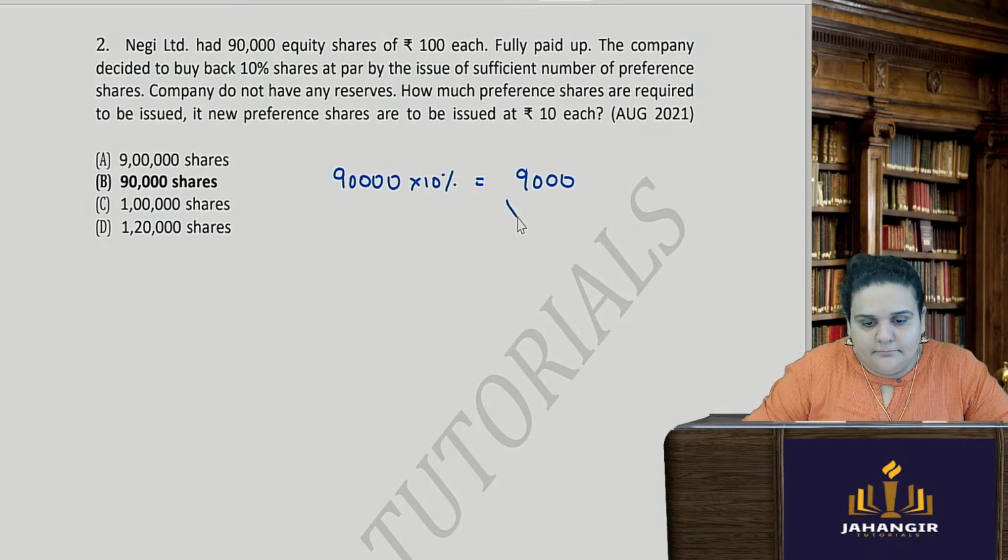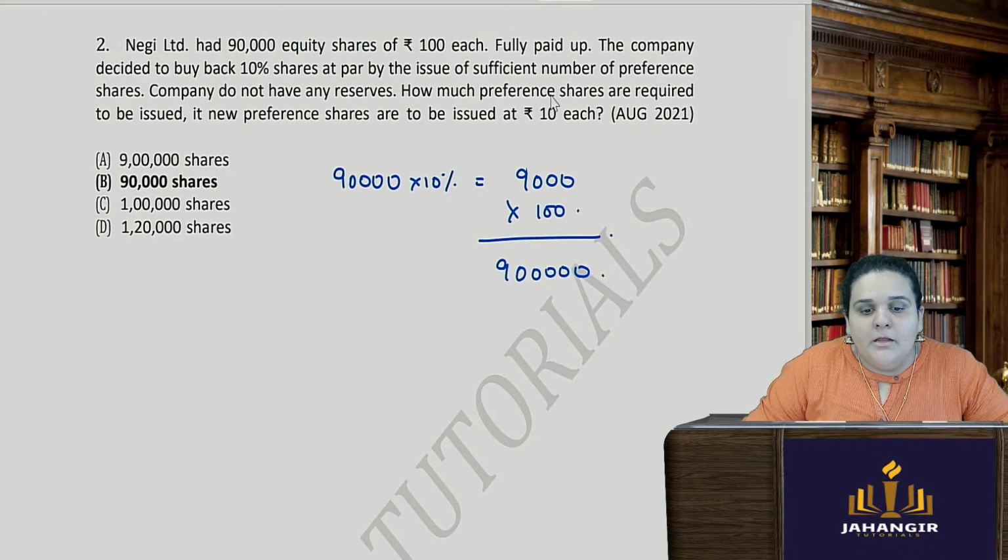At par. So rupees 9 lakhs amount required. At par by issue of sufficient number of preference shares. Company does not have any reserves. How many preference shares they are supposed to issue if new preference shares are to be issued at rupees 10 each? Now this is the amount I require for buyback.